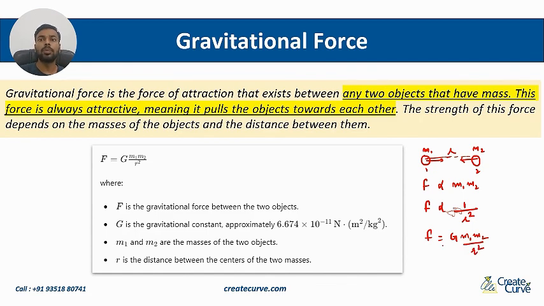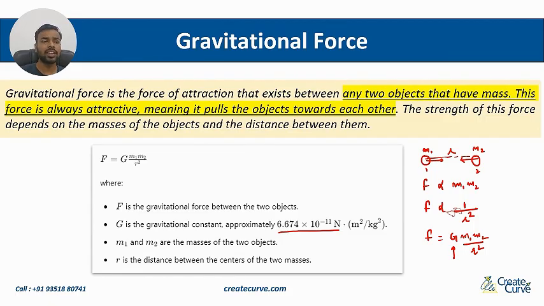Okay, so F is proportional to the product of masses, and F is inversely proportional to the square of the distance between them. There is also a constant that comes in when we remove the proportionality sign, which we call the universal gravitational constant, a fixed value universally. Its value is 6.67 into 10 to the power minus 11 Newton meter square per kg square. Okay, so that's the value of capital G.